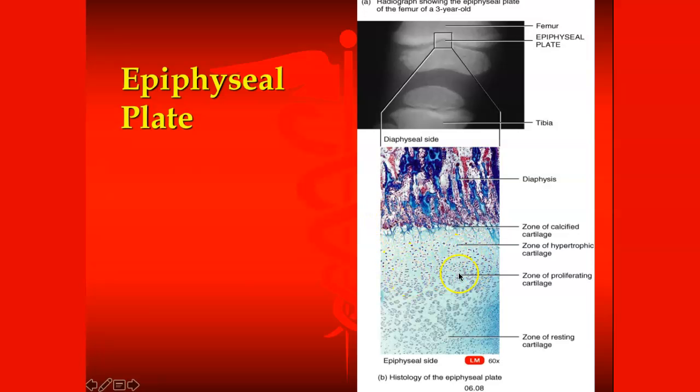And then you have lots and lots of cartilaginous area down here where it's still growing, whereas up here, it's bone tissue. So this cartilaginous area would be the area we see that is not filled in with bone here.